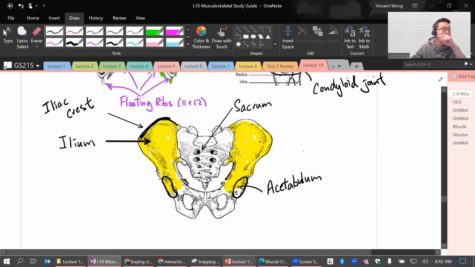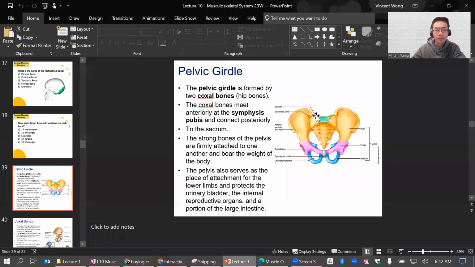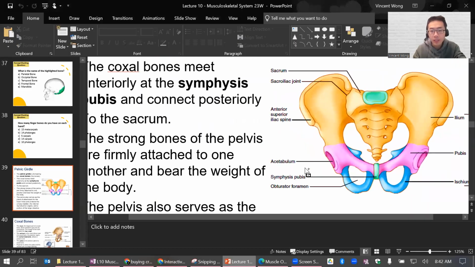And that is where the head of the humerus, sorry, the head of the femur inserts here. So over here, the acetabulum, the socket.